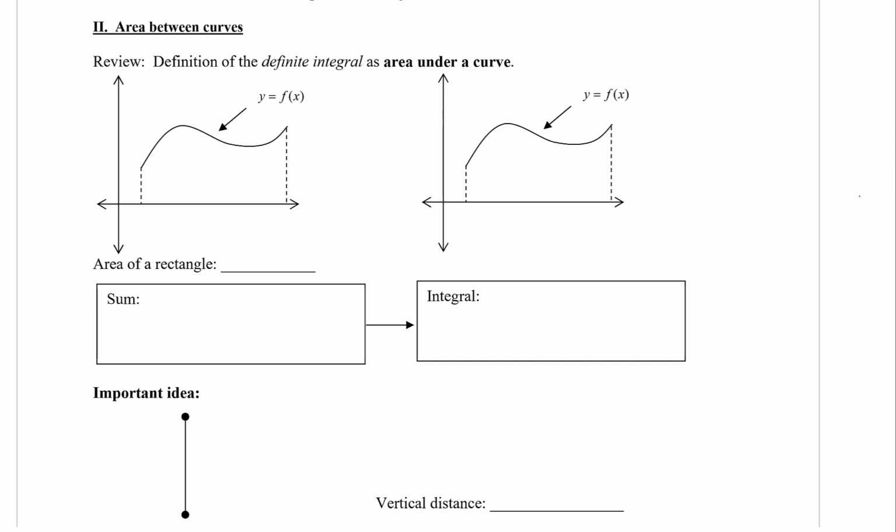So right now we have here two graphs. These are two identical graphs. We basically have the graph that's focused in quadrant 1. We have here a curve that represents the function y equals f of x.